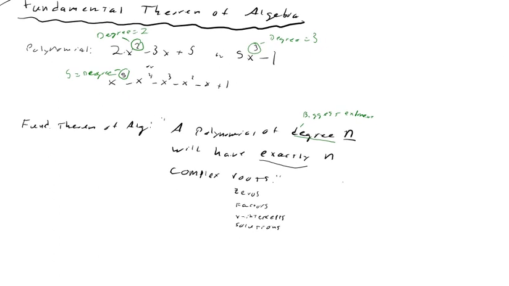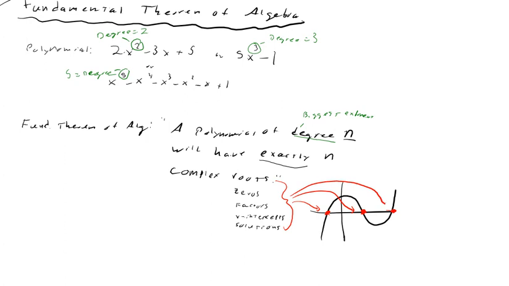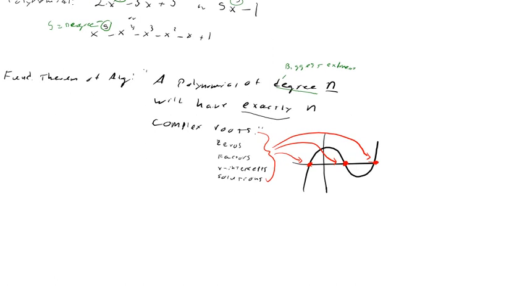And what we mean by root or zero is the location where the graph touches the x-axis. These are the roots. Roots or zeros or factors, all those words mean these same spots here.